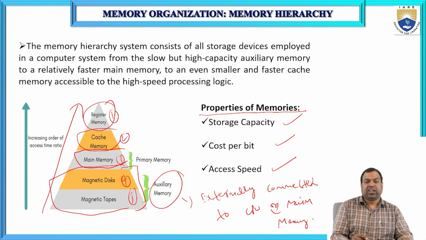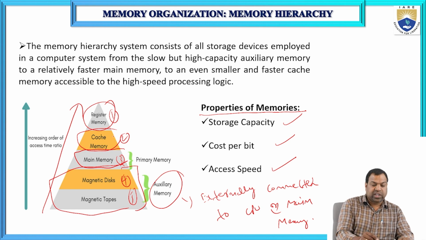Why? Because they are connected externally to the main memory, so the data transferred to the CPU or main memory from externally, means magnetic disk and magnetic tape, costs somewhat less, but takes more time to access or transfer the data.